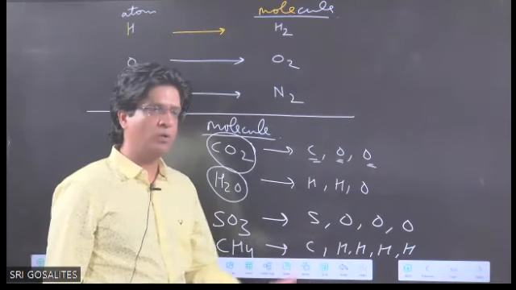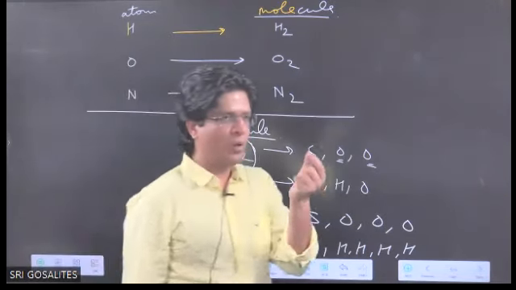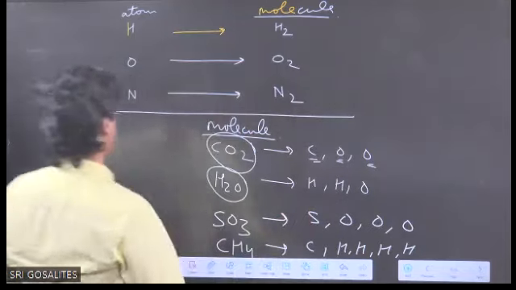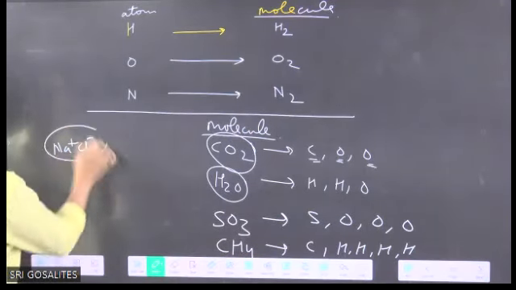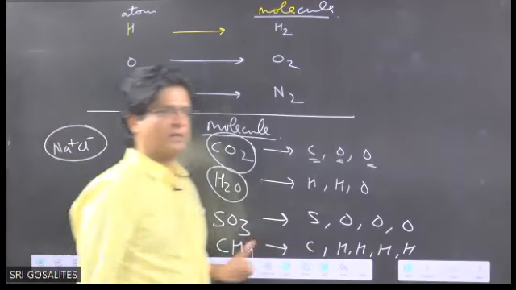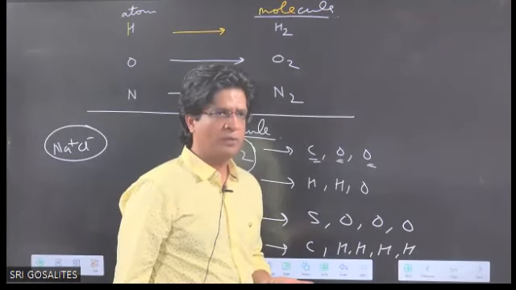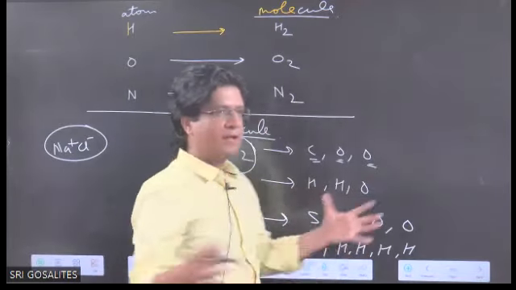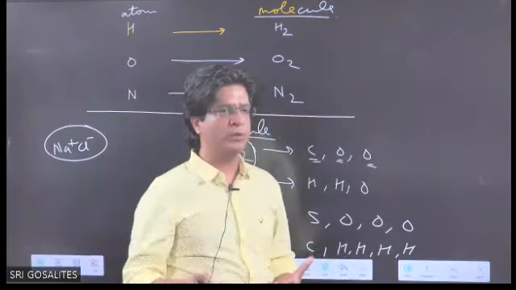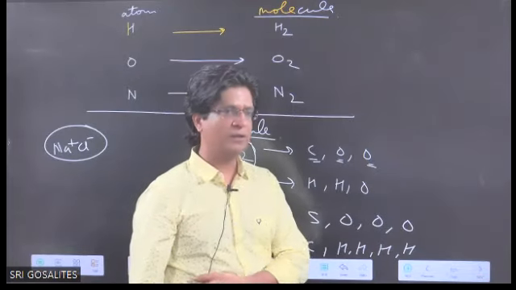NaCl is a compound, but if you take just one unit of NaCl, it is a molecule kind of thing. The molecule is the smallest unit. But if you take many molecules, they will be called a compound.